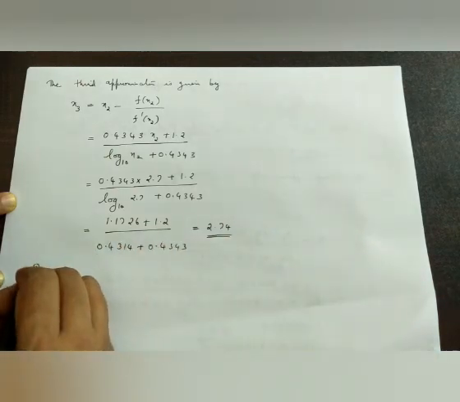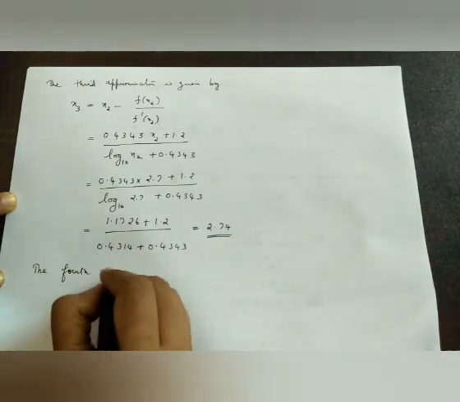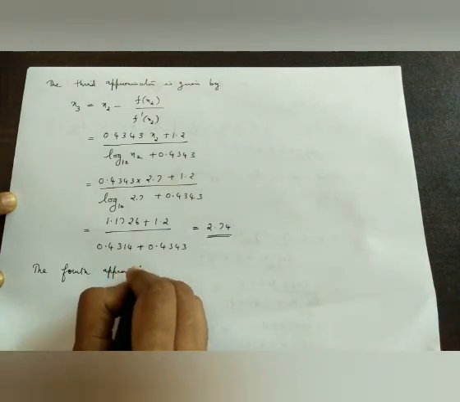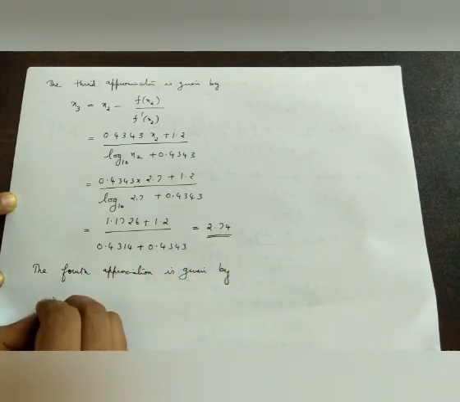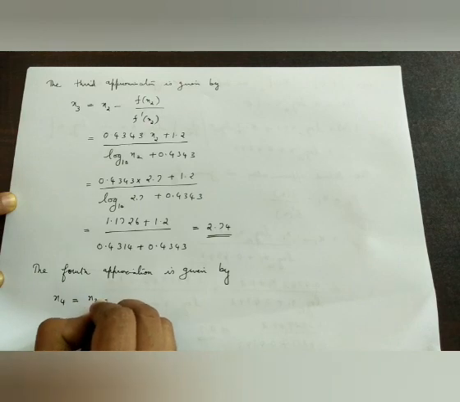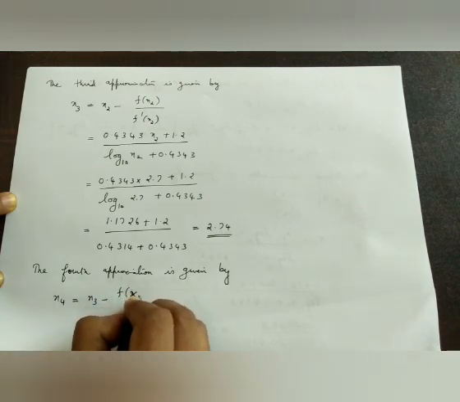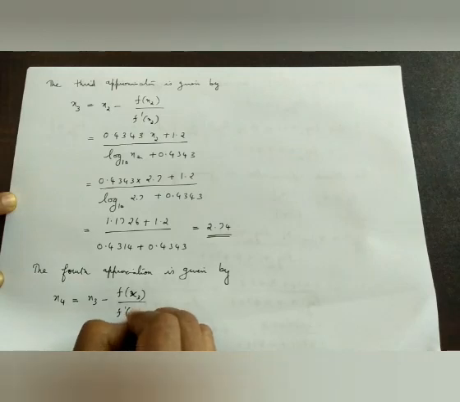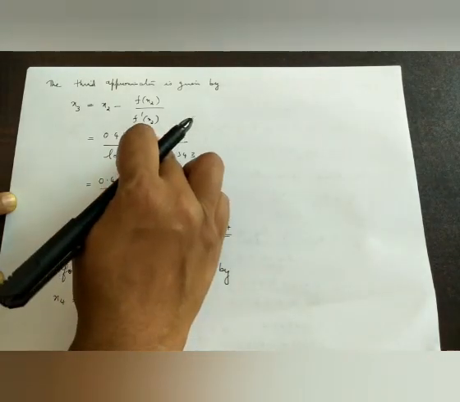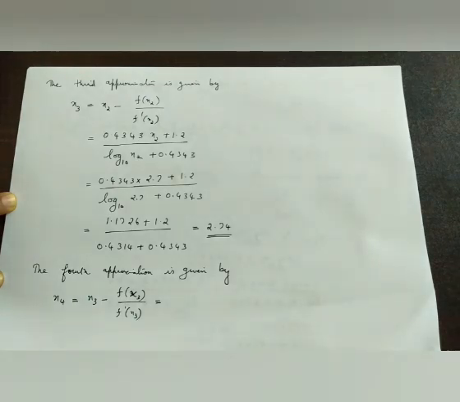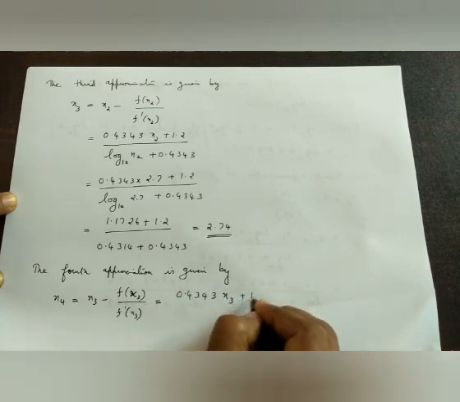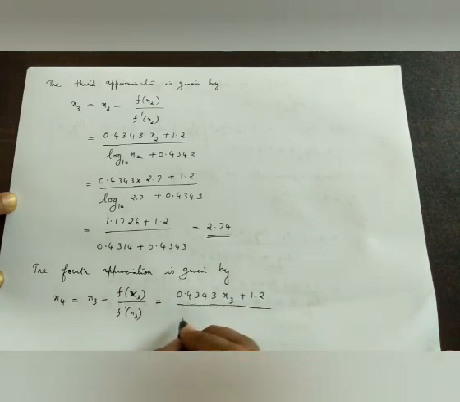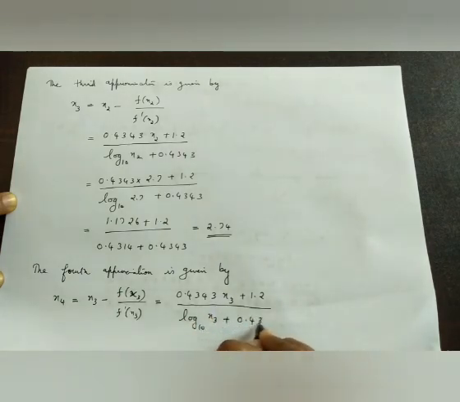Now the fourth approximation is given by using the same formula. We get x4 as x3 minus f of x3 by f dash x3. Here for x2 substituting x3, we get 0.4343 x3 plus 1.2 divided by log x3 to the base 10 plus 0.4343.